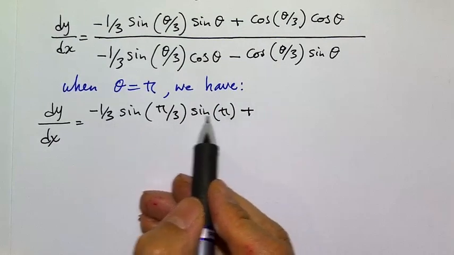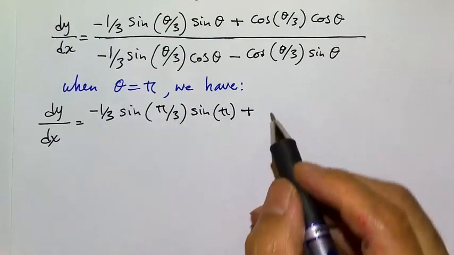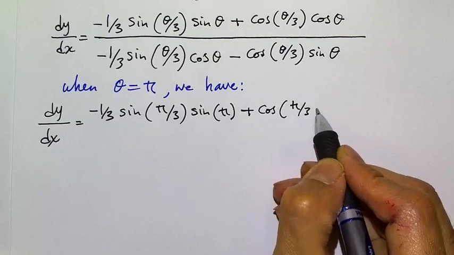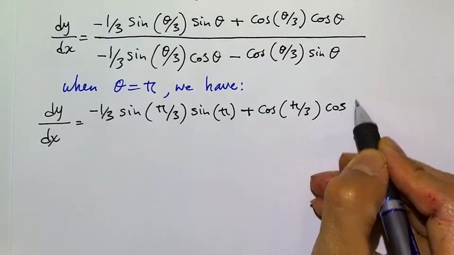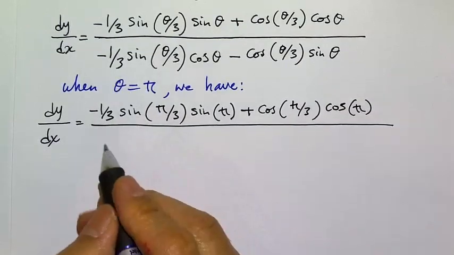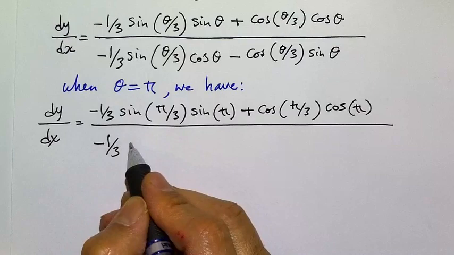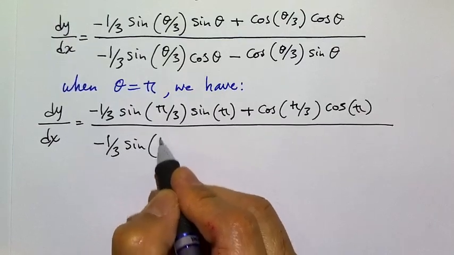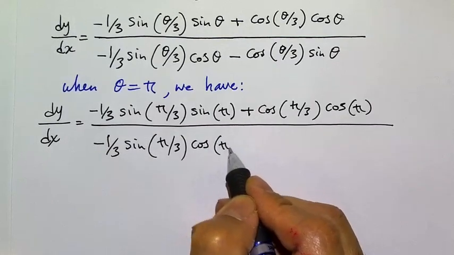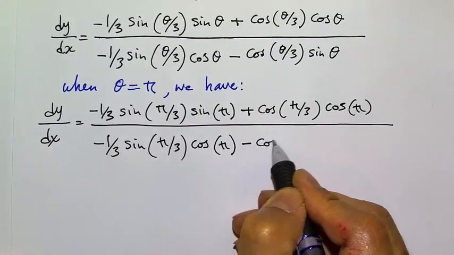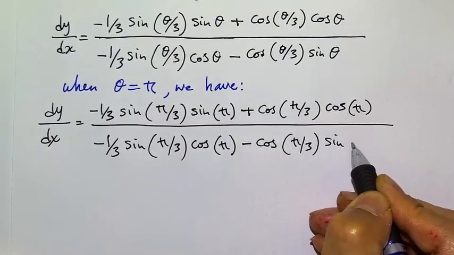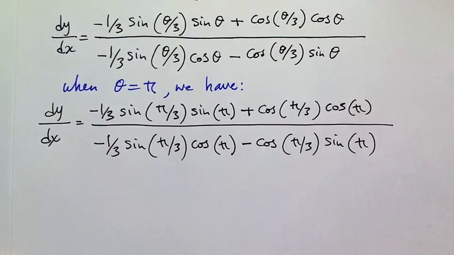Sine of pi is 0 times all of that, so that term will drop out eventually. So plus cosine of pi over 3 times cosine of pi, and in the denominator minus 1/3 sine of pi over 3 cosine of pi minus cosine of pi over 3 sine of pi.